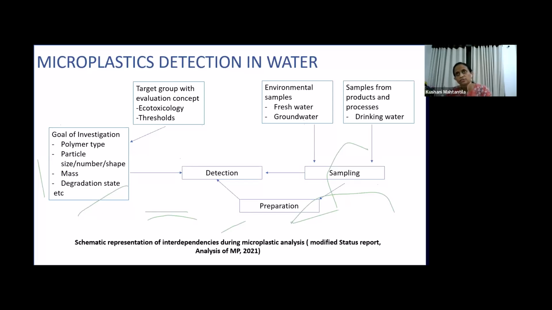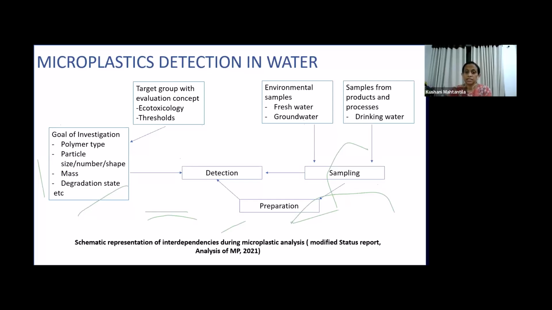For the groundwater, we have to use pumps, or in situ sieving can be employed for the groundwater sampling. However, if we are analyzing the drinking water in bottled drinking water, we have to sample a product from the representative number of the water bottles according to their production.